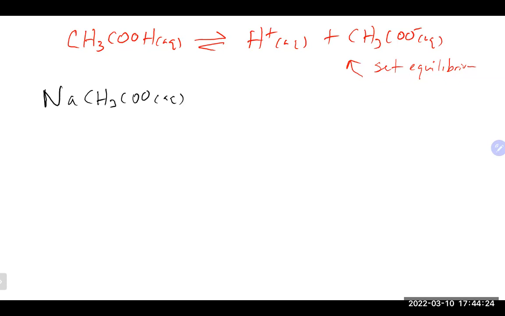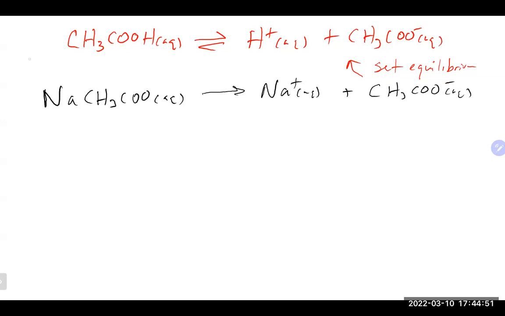When a salt that is an ionic compound goes into solution, it will basically 100% break apart. It is a strong electrolyte. So this will 100% break apart into some sodium and some acetate.